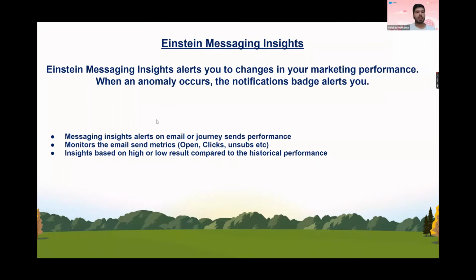Just like you get a WhatsApp message on your mobile phone screen, it sends you the messaging insight that a certain journey you were running for the past couple of weeks has seen an anomaly. An anomaly is, for example, the click rate has suddenly shot up. It was around 5,000, 6,000. Now it has gone up to 12,000, suddenly doubling.